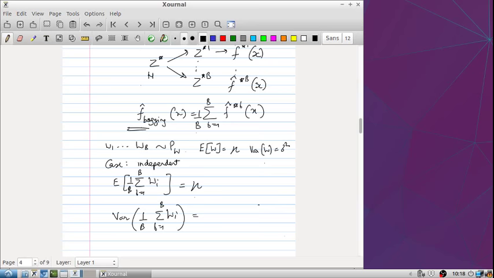Okay. But what about this nagging constant here? Let's say I have a random variable whose variance is sigma square. I multiply the random variable by 10. What is the variance of 10 times that random variable? Because of the squaring thing, it's not about intuition.